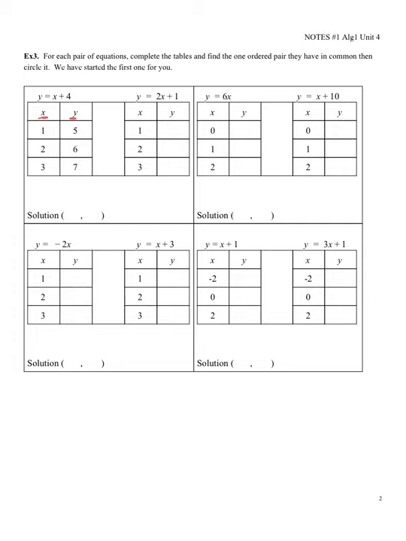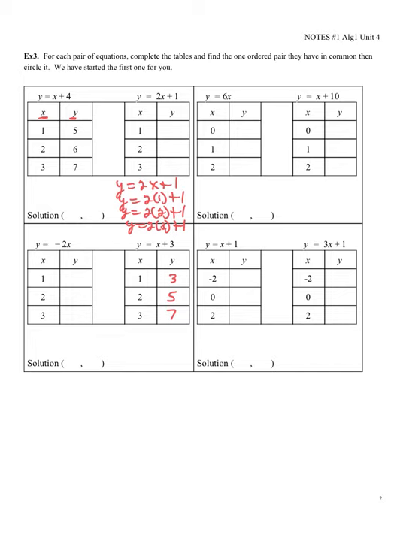We'll proceed to the equation y equals 2x plus 1, and we're going to plug in 1 for x, 2 for x, and 3 for x. And we get 3, 5, 7.